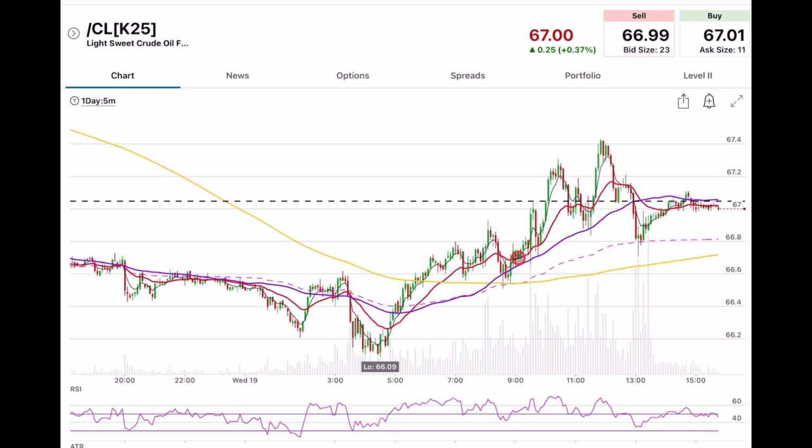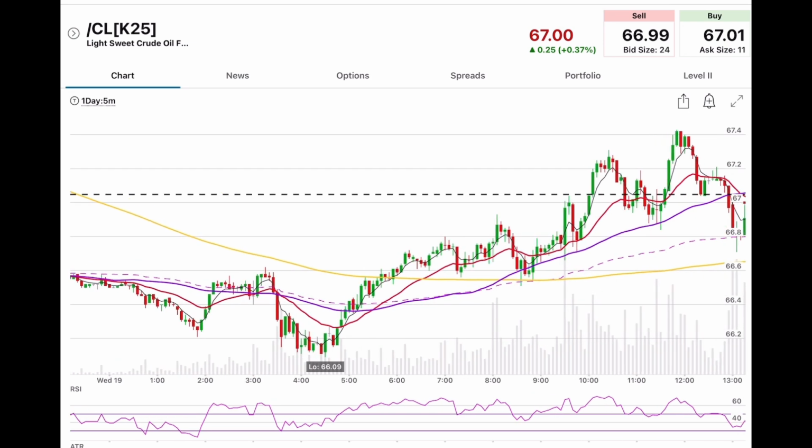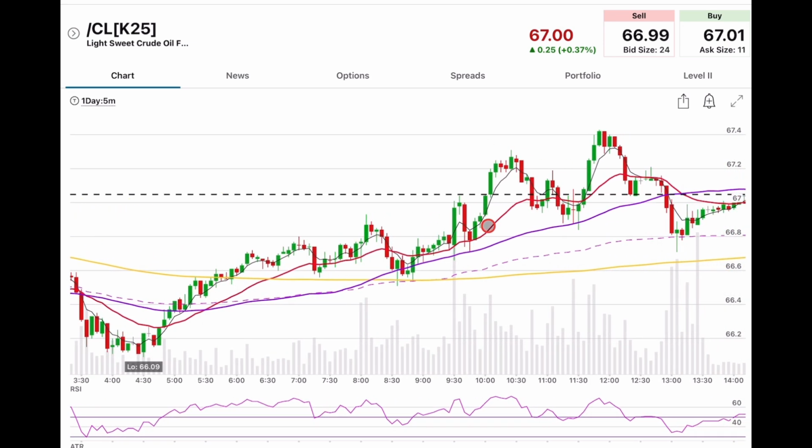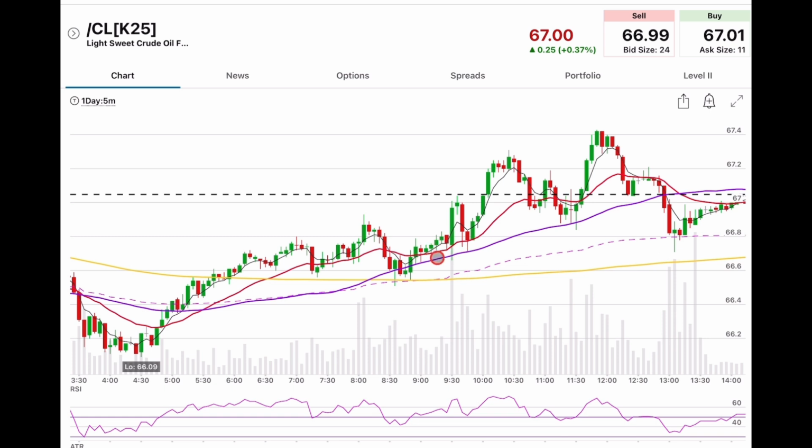And then we had this cross of the 5 and the 20 with this green candle. It went back down to the 20 and then could have got back in right here. And that would have been a pretty good trade with crude.